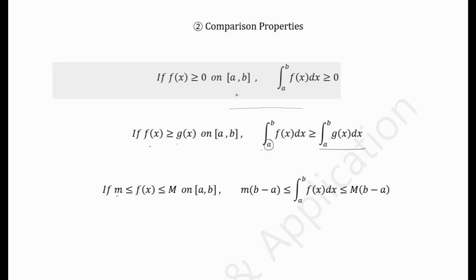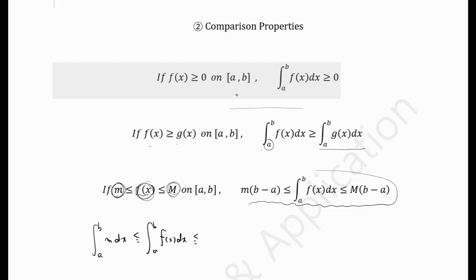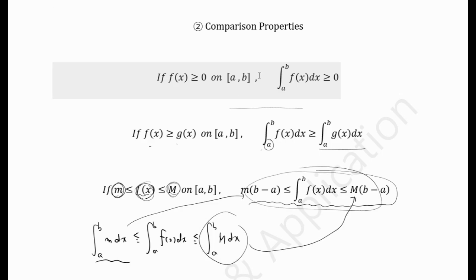And if f(x) is continuous, by the extreme value theorem, f(x) has a minimum value m and a maximum value large M. So this inequality is satisfied because we take the integration from a to b on both sides: of m dx, of f(x) dx, and of large M dx. So this inequality is satisfied.